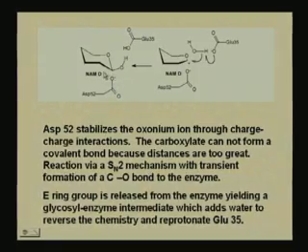It is just the aspartic acid, you see, the role of aspartic acid is to stabilize the oxonium ion. It is the glutamic acid that is actually donating its proton, then taking up a proton again. Okay?